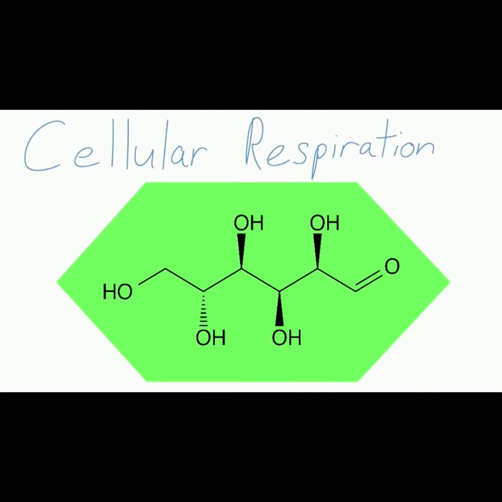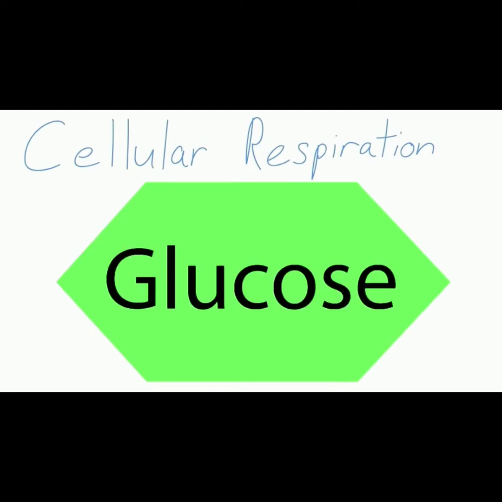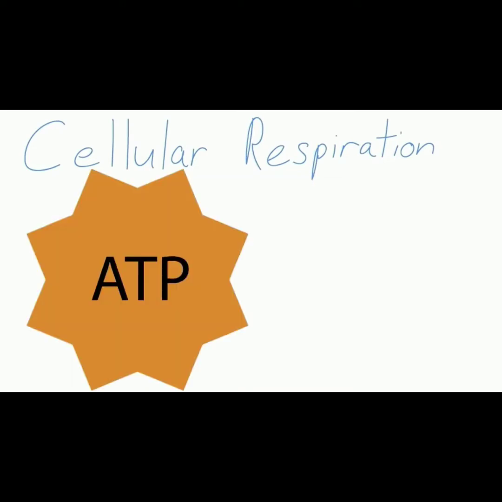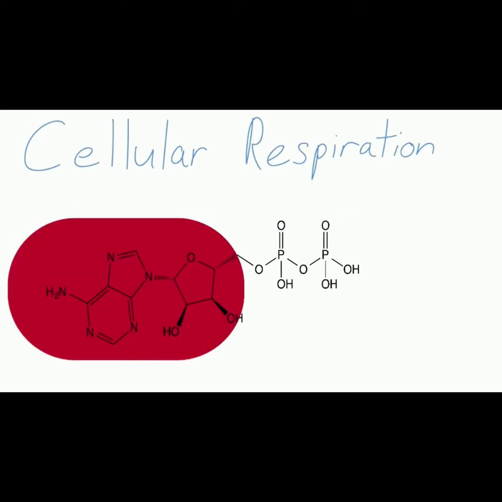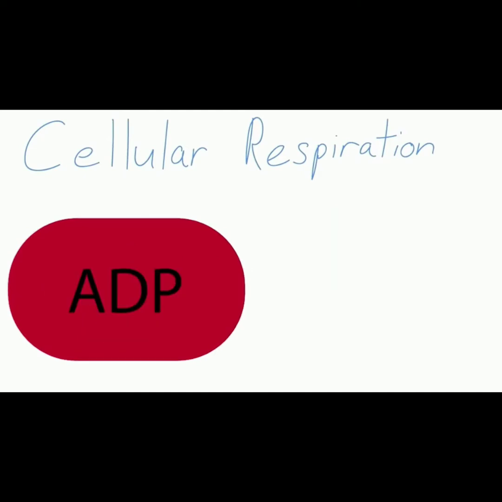Breaking down the glucose through the various steps of cellular respiration yields adenosine triphosphate, or ATP, which is used as a source of energy for various cellular functions. ATP contains 3 phosphate groups, and energy is released when one of the phosphate groups is taken off this molecule, leaving adenosine diphosphate, or ADP.